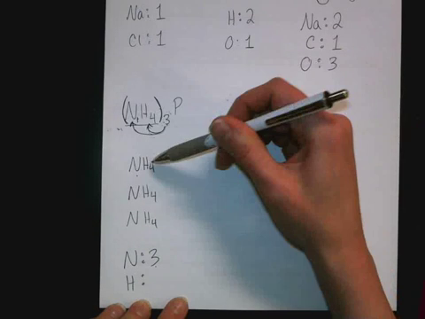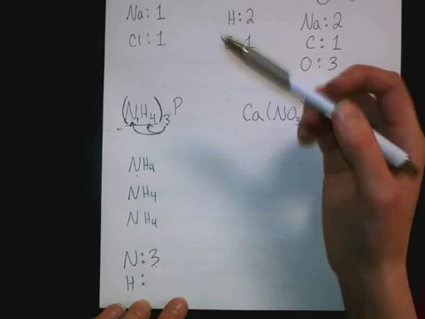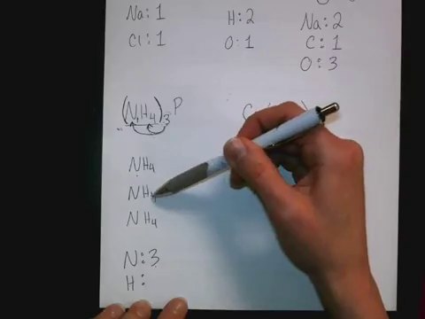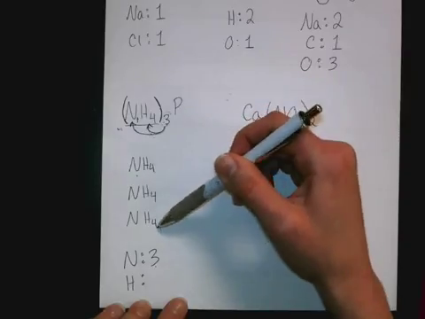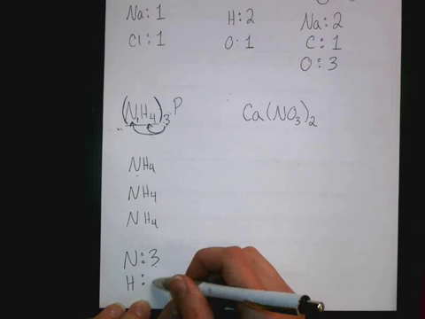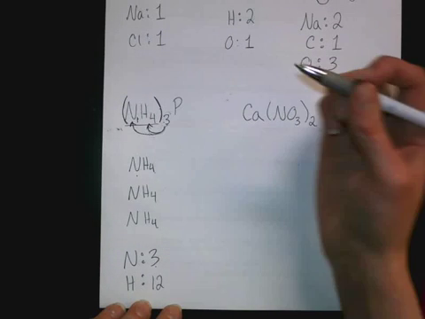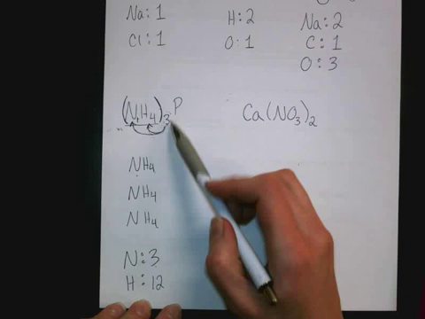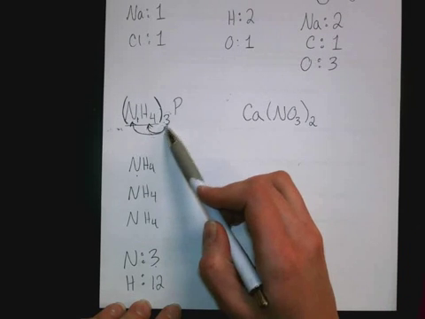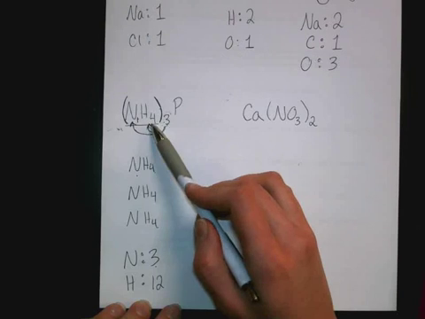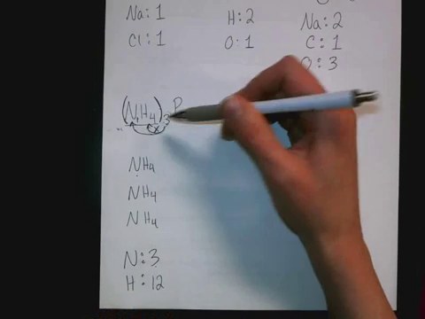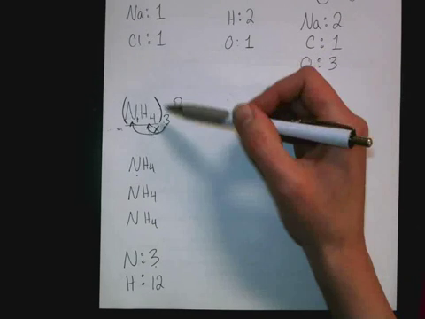Hydrogen, okay, if I sat here and I wrote it out like this, if I sat here and counted all my hydrogens, I have 1, 2, 3, 4, 5, 6, 7, 8, 9, 10, 11, 12 total hydrogens. Now, one way I can get that without sitting here and counting each individual one is I have this 3 here on the outside. Each hydrogen has 4, so I'm going to multiply that into the number on the inside.